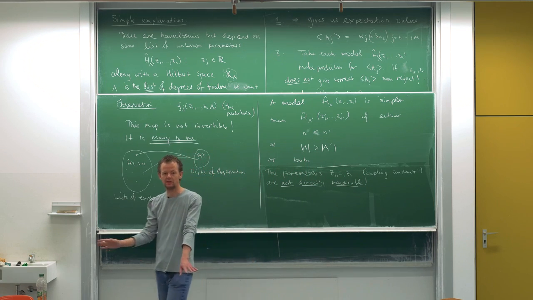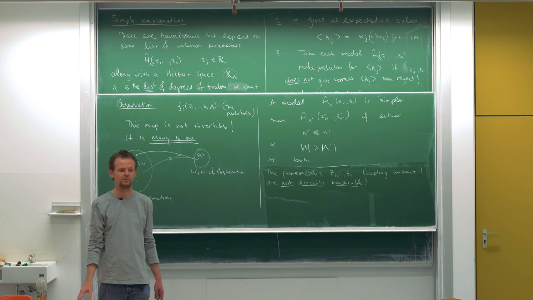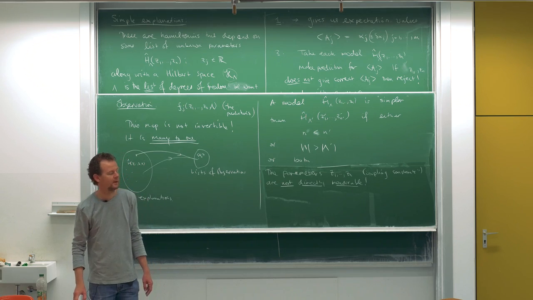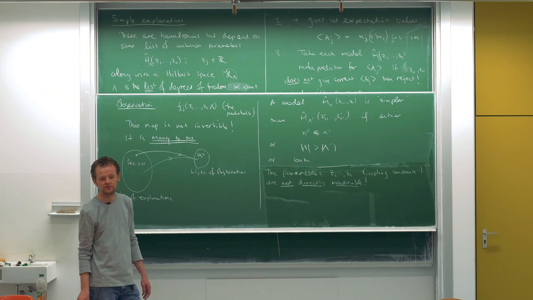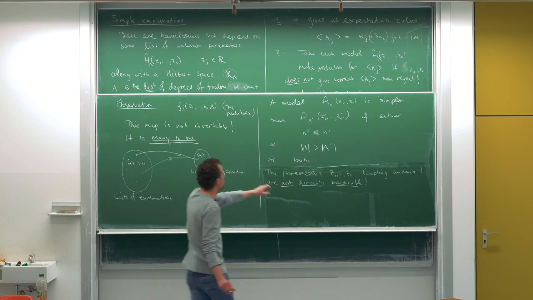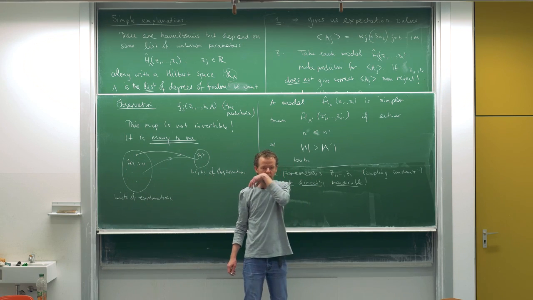I mean, this was kind of clear from everything I've said before, and I've stressed this before, and you'll definitely have remembered me saying this from the last semester. These parameters here, these coupling constants, are not directly measurable. It's not always the case that there exists an experiment which directly measures the Z1.